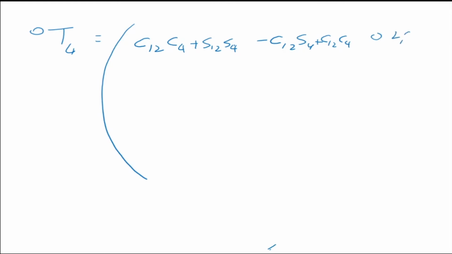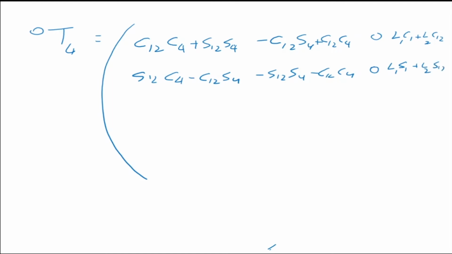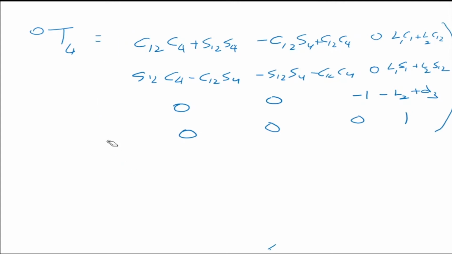Here it is L1 cos 1 plus L2 cos 1, 2, and here it is sin 1, 2, cos 4 minus cos 1, 2, sin 4, minus sin 1, 2, sin 4 minus cos 1, 2, cos 4. Here it is 0, so it is L1 sin 1 plus L2 sin 1, 2. Here it is 0, 0, minus 1, minus L2 plus D3, and here it is 0, 0, 0. This is the final matrix T0 to 4.